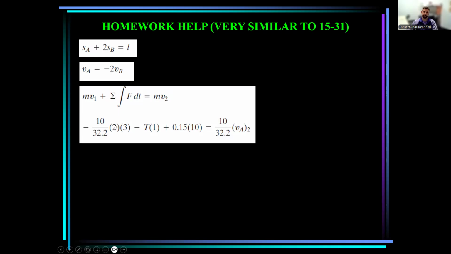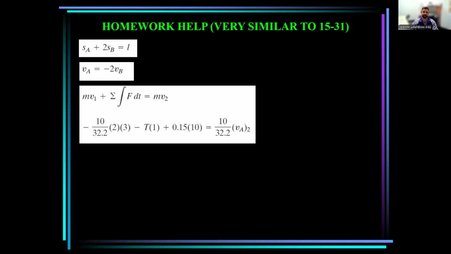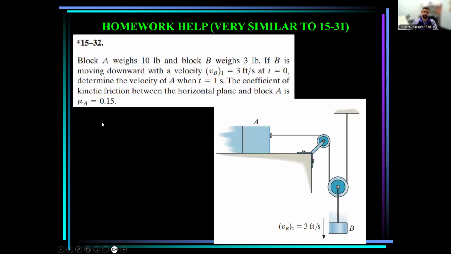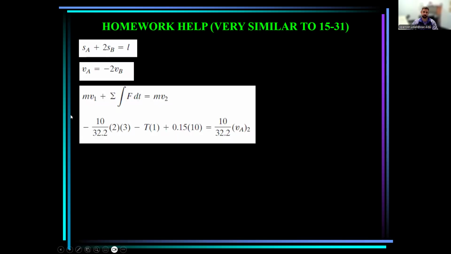That was to make this twice as fast as block B, so it's going 6 feet per second. Make sure my units are right here. So we've got 6 feet per second times its mass. And I've made that negative here, basically to be the opposite of what this one does. They've drawn this going that way, and so we want to make sure that they're opposing each other as far as momentums go.